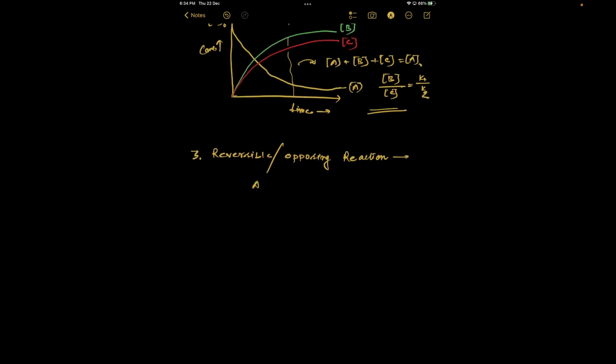Reversible reaction means, let's say, from reactant molecule A we are forming B, and B is also forming A molecules, like an opposite reaction. The rate constant for A to B is K1, and from B to A is K minus 1. This we call the forward reaction, and this we call the backward or reverse reaction.